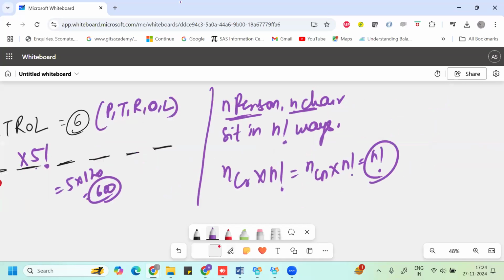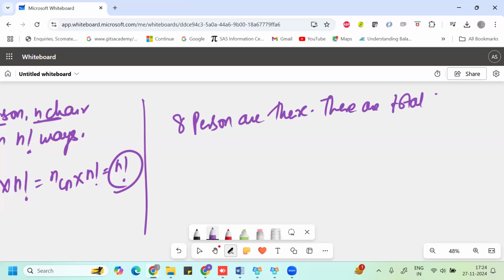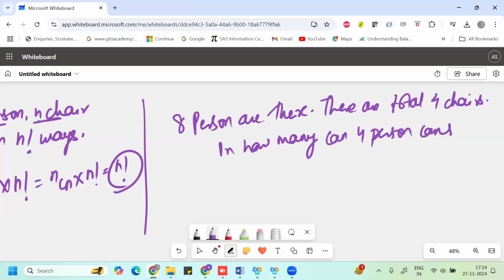So suppose I ask you, 8 persons are there and there are total 4 chairs. In how many ways can 4 persons sit? What would be the answer?